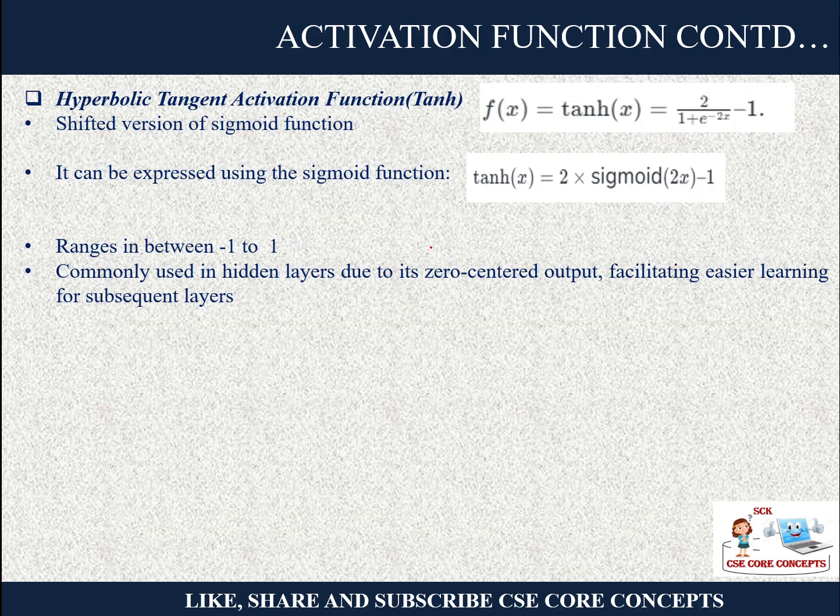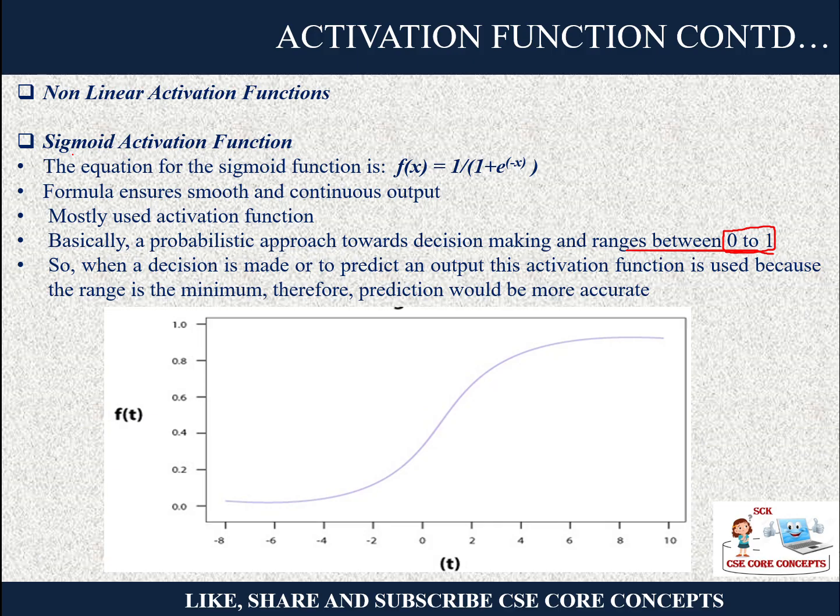In case of tanh function, the range is between minus 1 and 1. So the tanh function is majorly used in the hidden layers, when you are going from one hidden layer to another hidden layer, whereas sigmoid is generally used in the output layer.